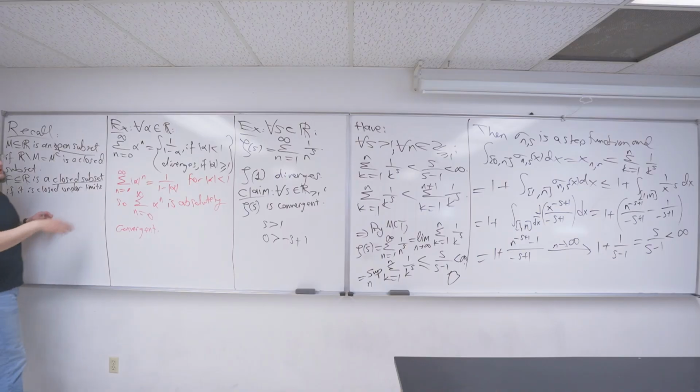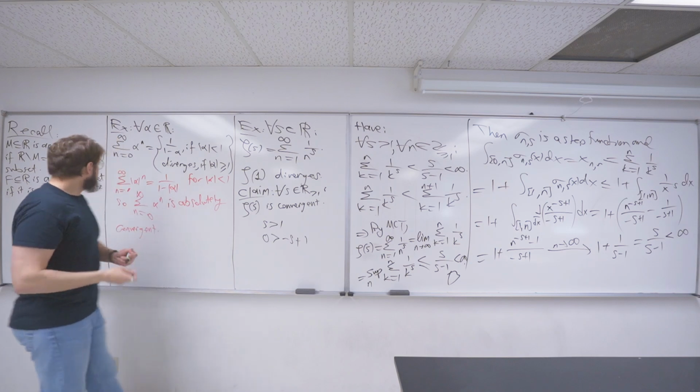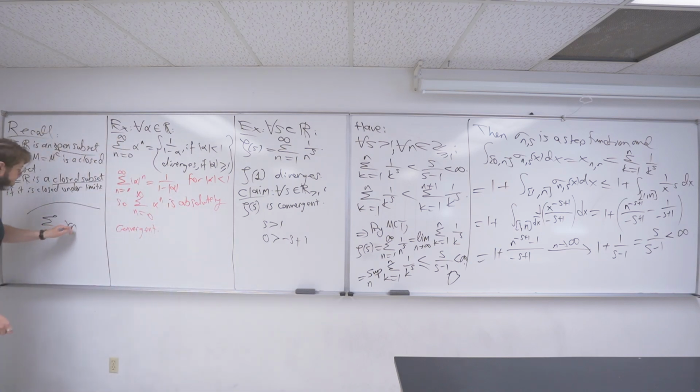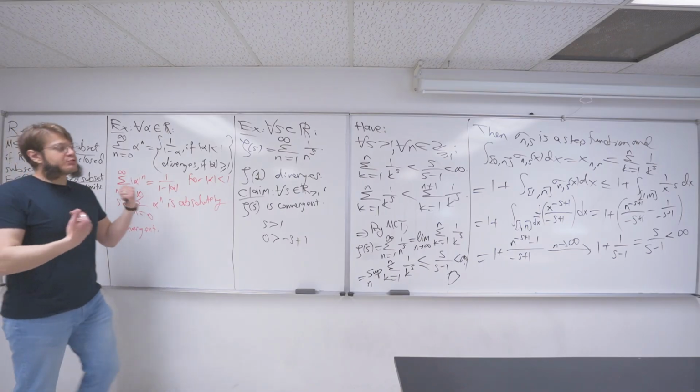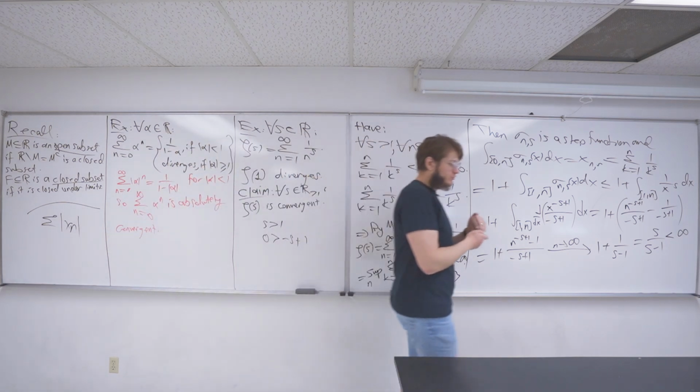But the point is, instead of trying to figure out if this converges or not, you can first figure out if this converges. It's often a lot easier, because you're canceling all these possible oscillations that can happen. And so that's why absolute convergence is an important idea here.